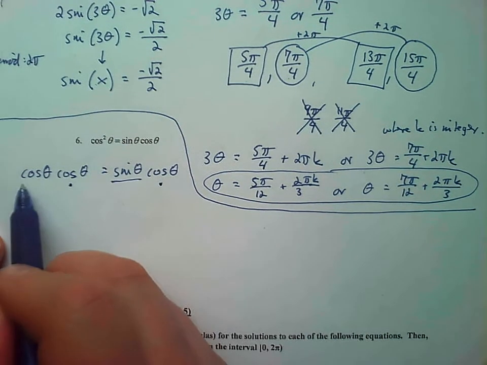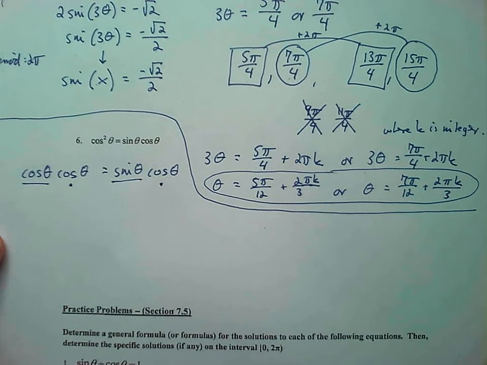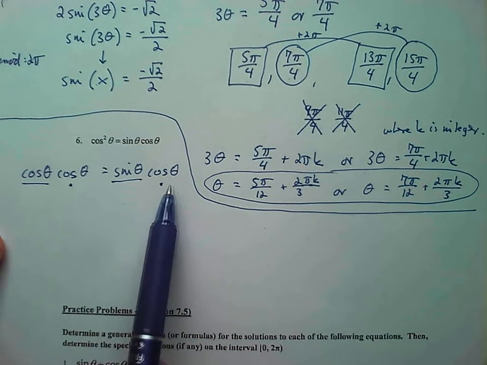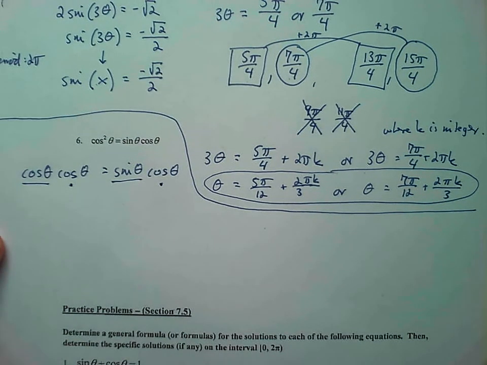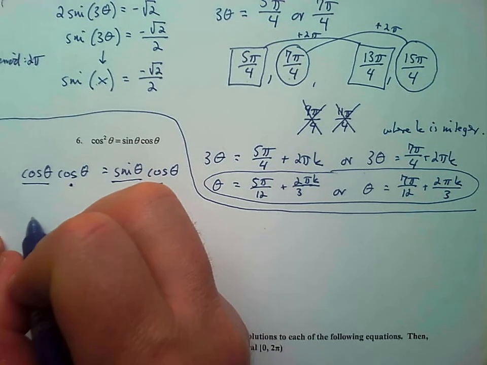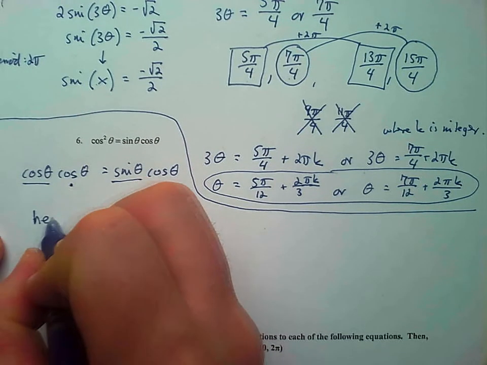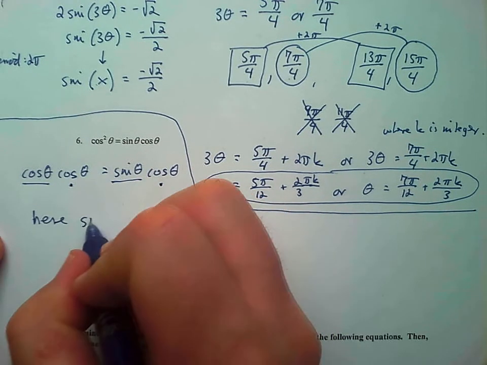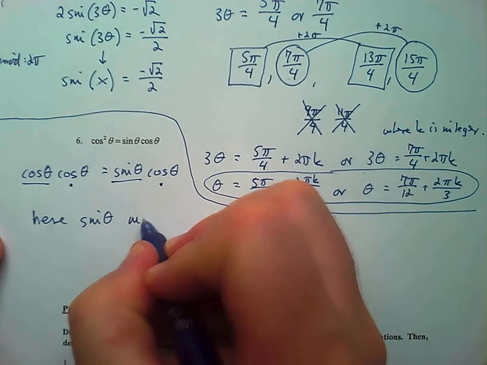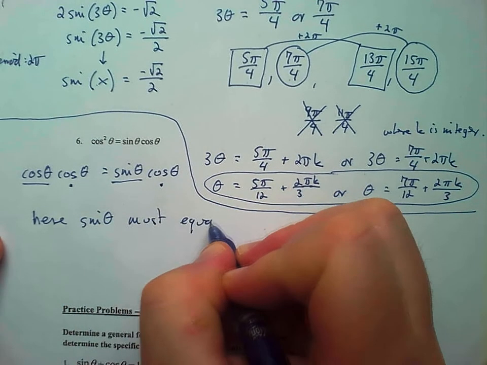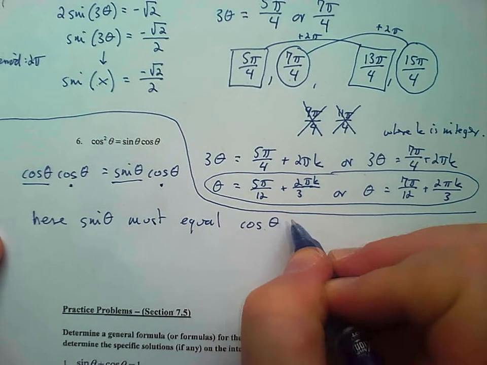So therefore, if we're both just multiplying them by the cosine of theta, then the cosine of theta must be equal to the sine of theta. So we can say that here, sine of theta must equal cosine of theta.